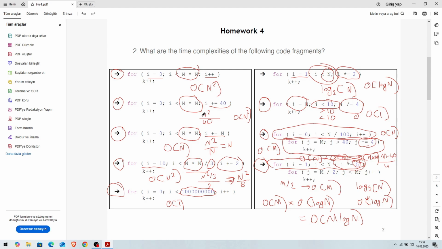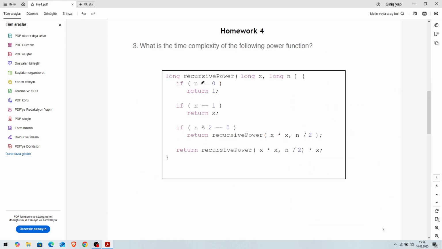And when we look at the third question, what is the time complexity of the following power function? This is a classic exponentiation by squaring algorithm. At each step, the exponent n is effectively halved by dividing by 2.